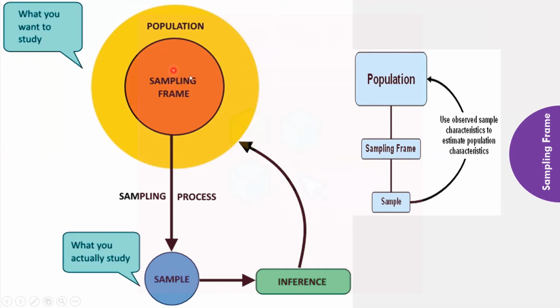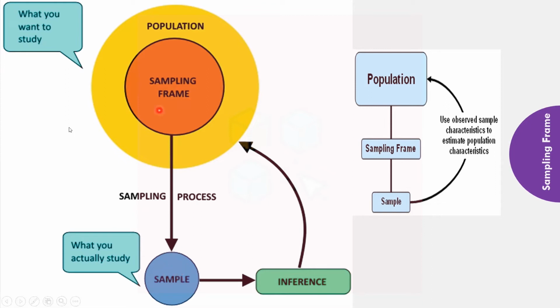And from this sampling frame, we will take the sample. The procedure by which we take the sample is called the sampling process or sampling. The sample is selected from the population, and this sample is actually available for the study.